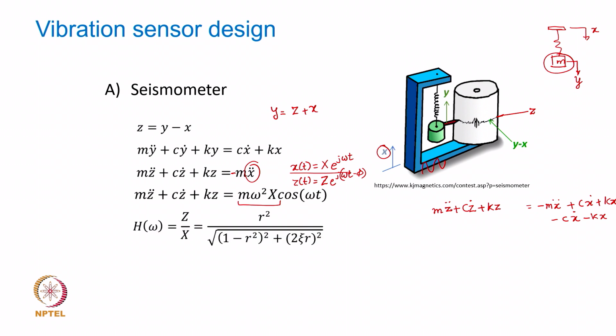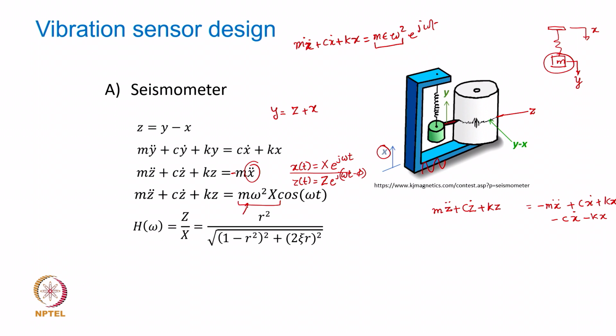The basic equation becomes this, which is quite similar to the rotating unbalanced case: m z double dot plus c z dot plus k z equal to m e omega square e to the power j omega t, or cos omega t if you take the real part. So, is it not the same excitation force as we are getting here?